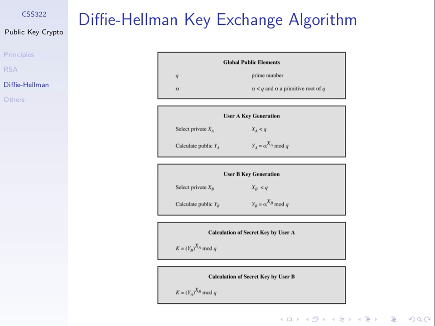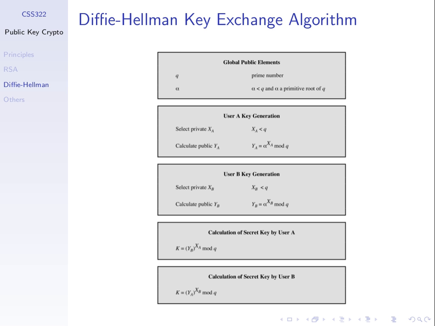If we use large numbers, we'll get a value of the key. I don't care what value of the key I get. It's not like I choose 160 and try to send that to you. I choose a private value of XA and XB, send the Y values, and we calculate K. We don't care about the specific value here.